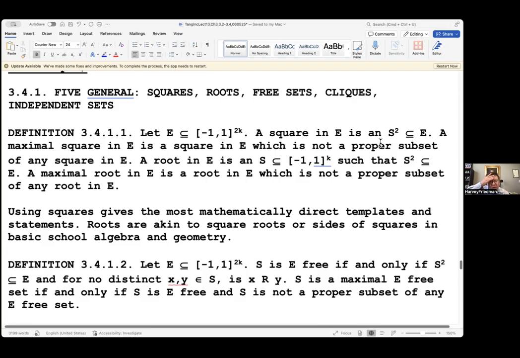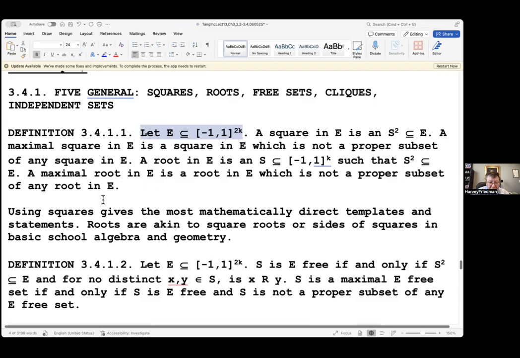A maximal square is a square which is not a proper subset of any square. A root is an S such that S squared is contained in E. Think of E as a binary relation on -1, 1 to the K. A maximal root is a root which is not a proper subset of any root.